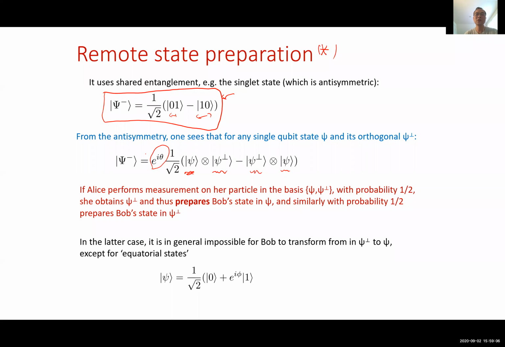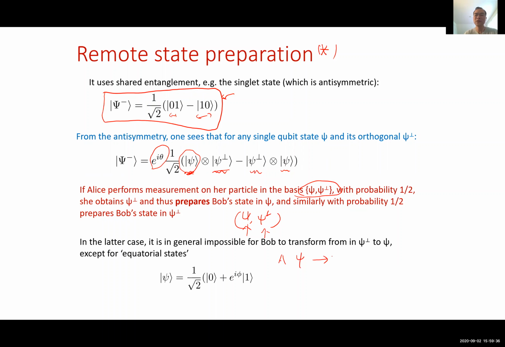This entangled state, like the singlet, is interesting because if I perform a measurement in the psi and psi perpendicular basis, sometimes I get psi, sometimes I get psi perpendicular. If I get psi, I know the other side gets psi perpendicular.